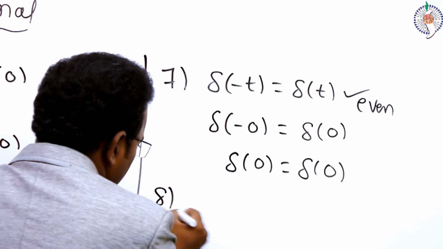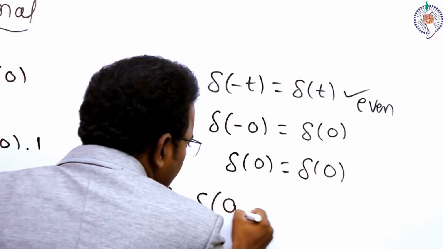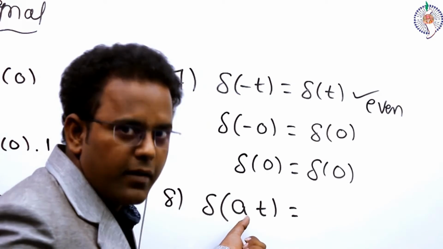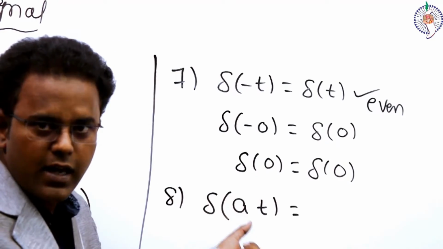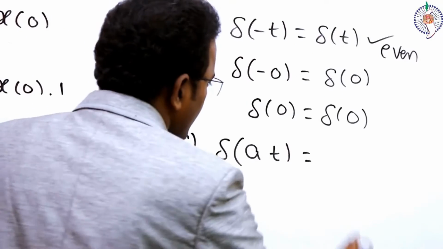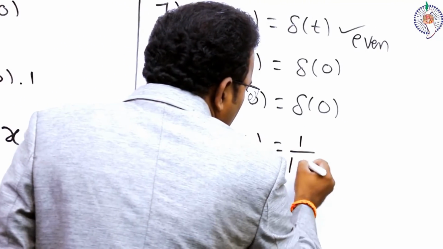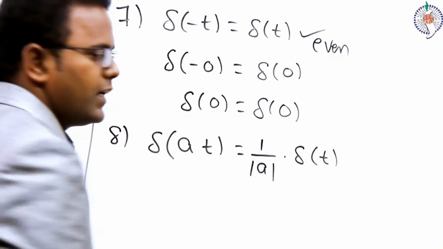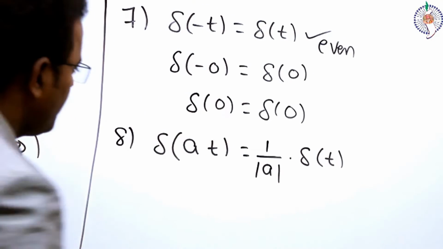Like next one, delta of at, where a is a scalar and the value may be positive or negative. It is nothing but 1 by mod a into delta of t. That is for your clear understanding.